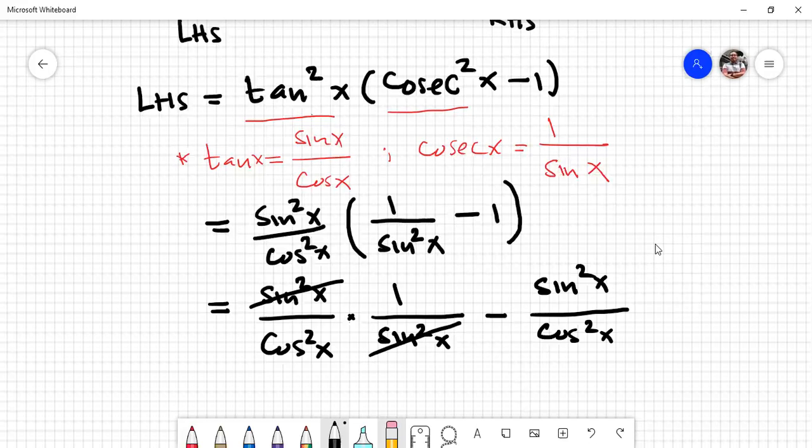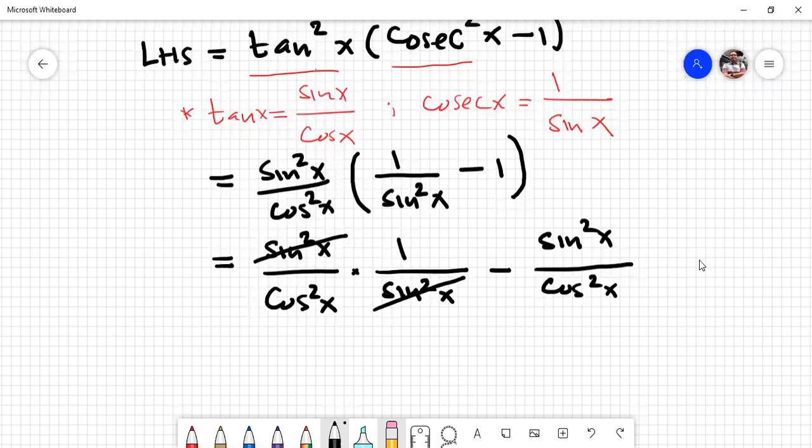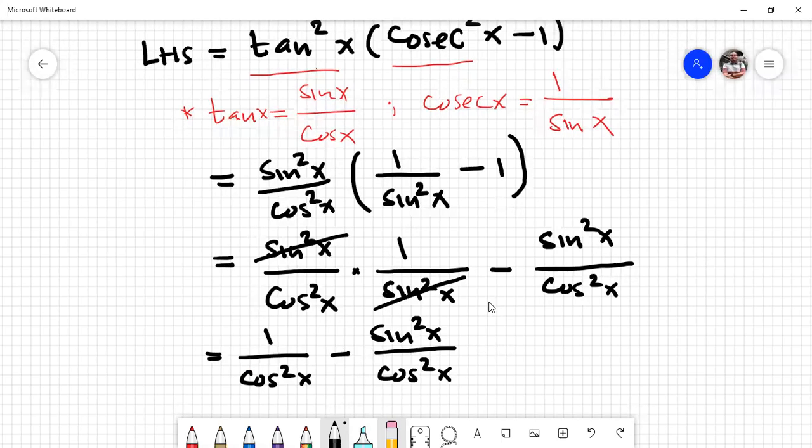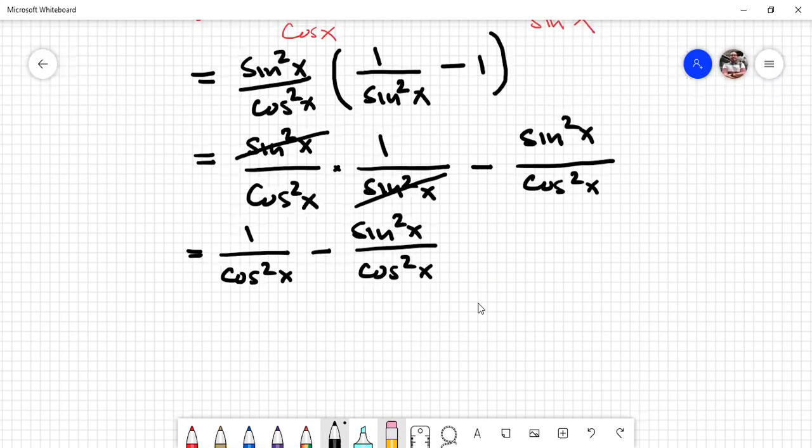And you will have 1 out of cosine square x minus sine square x out of cosine square x. Okay, now after this, we try to simplify again.